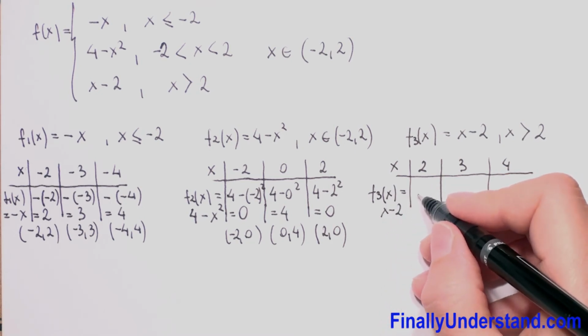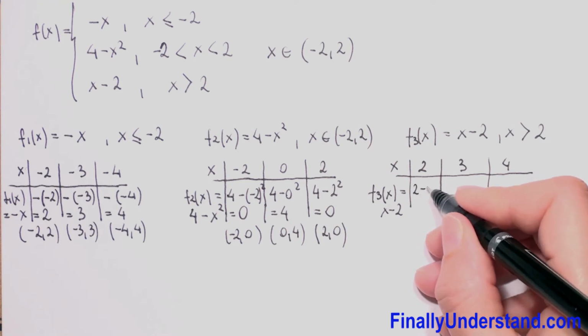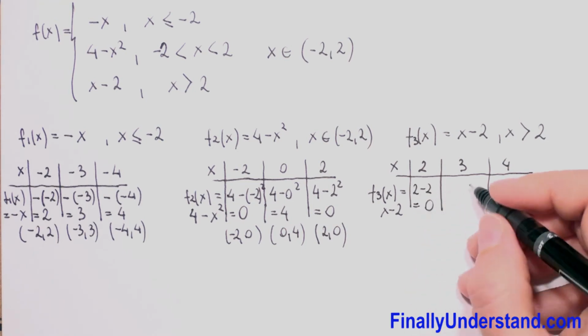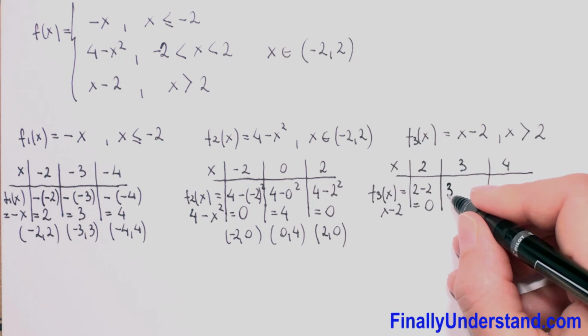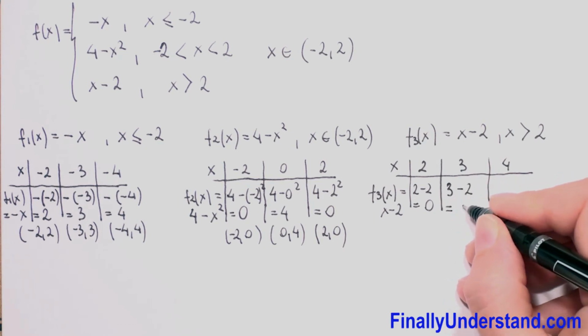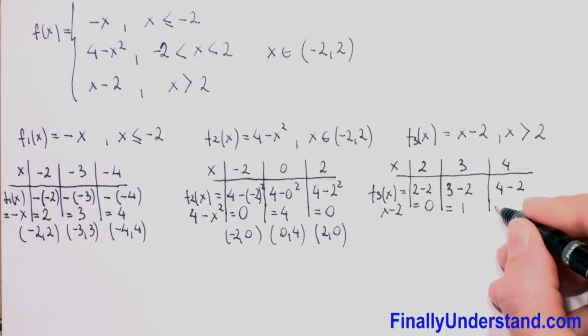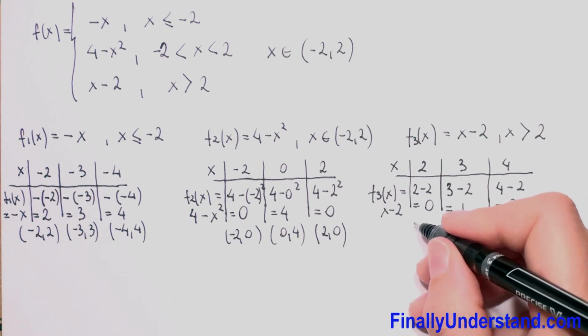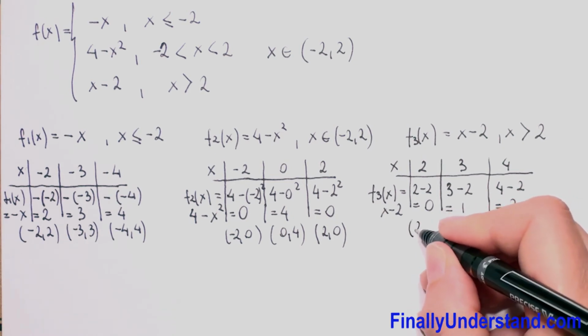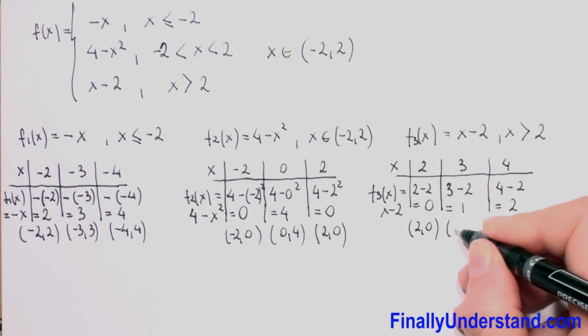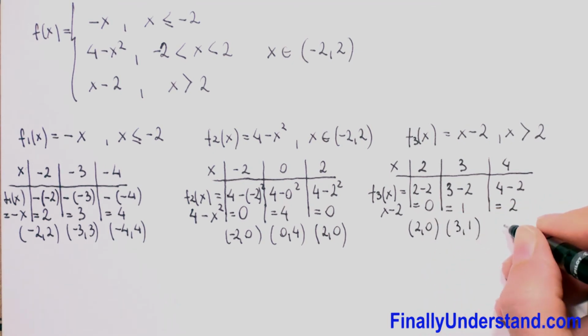Now I will replace x by 2: 2 minus 2 is equal to 0. 3 minus 2 is equal to 1. And 4 minus 2 is equal to 2. So we have 3 points: 2, 0; 3, 1; and 4, 2.